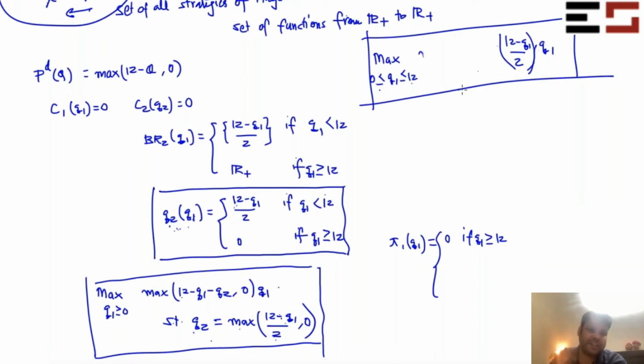It's a guarantee that it's a global optimum. So let's quickly do this. 12 by 2 minus, so what is the derivative of Q1 squared? It is 2Q1, and that's just going to cancel with the 2 in the denominator. So you'll get Q1 equal to 6.